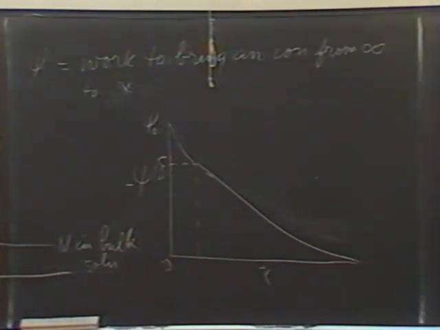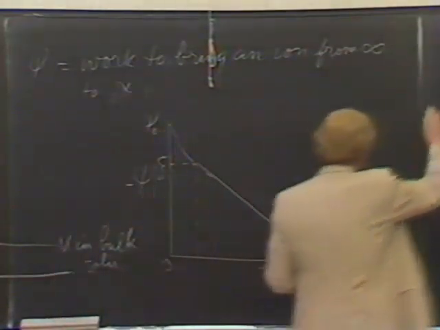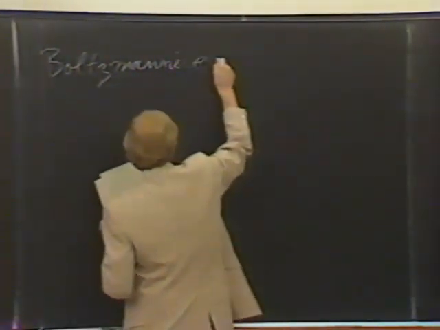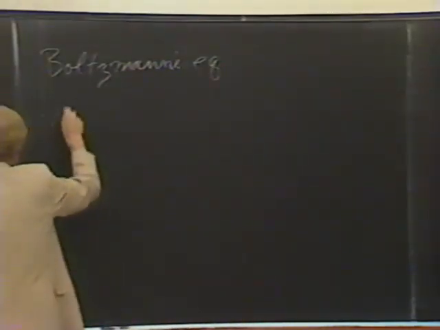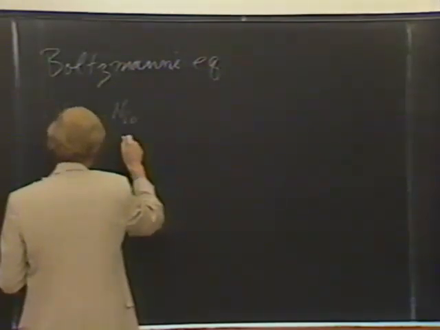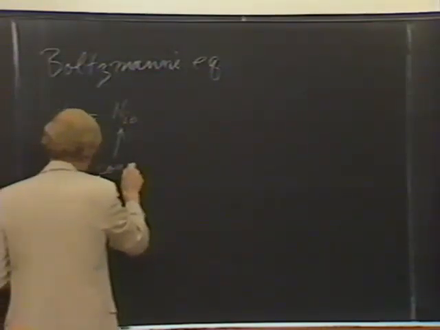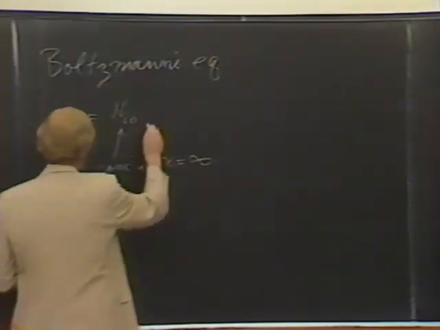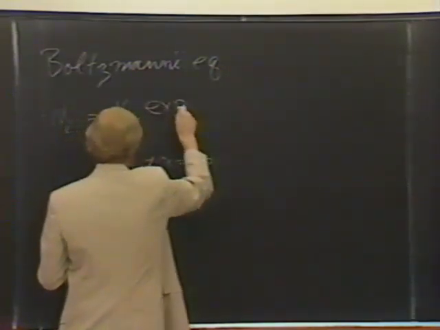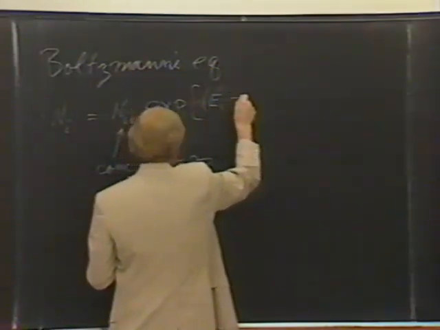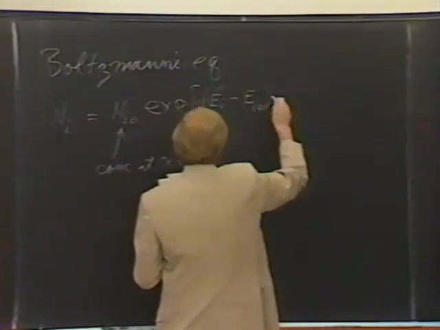And we can describe that distribution in terms of Boltzmann's equation, which is that the number at any distance, I'll call it n sub i, is equal to the number n i0 that's out at infinity, let's say at x equals infinity, times e to the exponent minus (e sub i minus e sub i0) divided by kT. This is Boltzmann's constant.